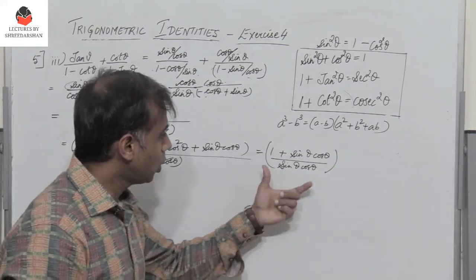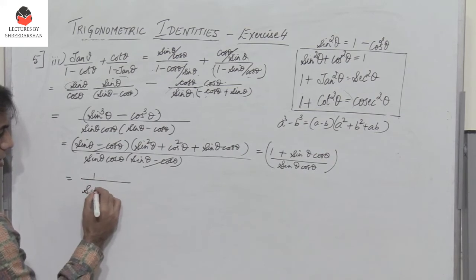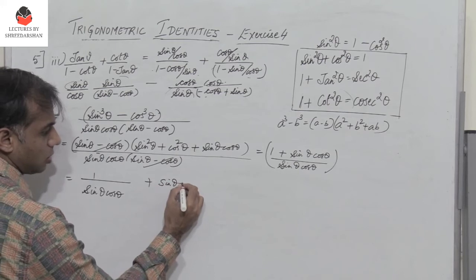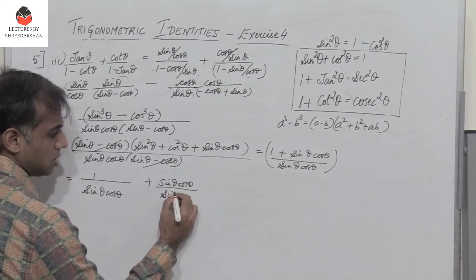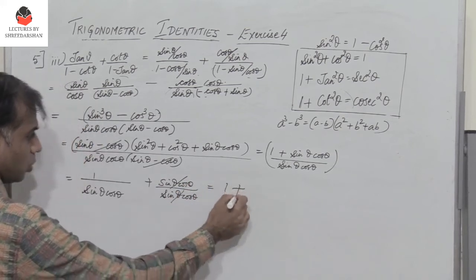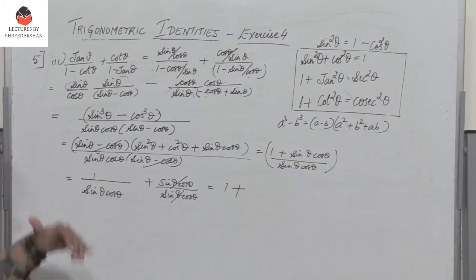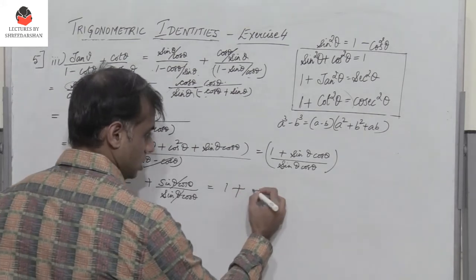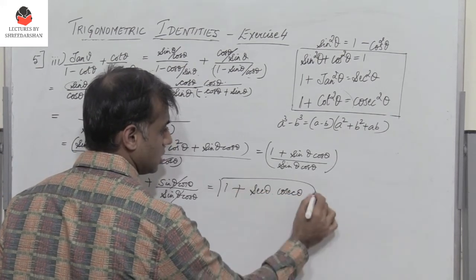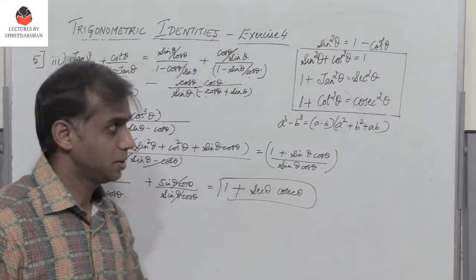Now this can be written as 1 by sine theta cos theta plus sine theta cos theta divided by sine theta cos theta. So these two get cancelled, it becomes 1. So this can be written as 1 plus, if I bring both sine theta and cos theta to the numerator, it becomes secant theta into cosecant theta. So this is the answer. So we had to prove that this is equal to this, and that is what we have done here.